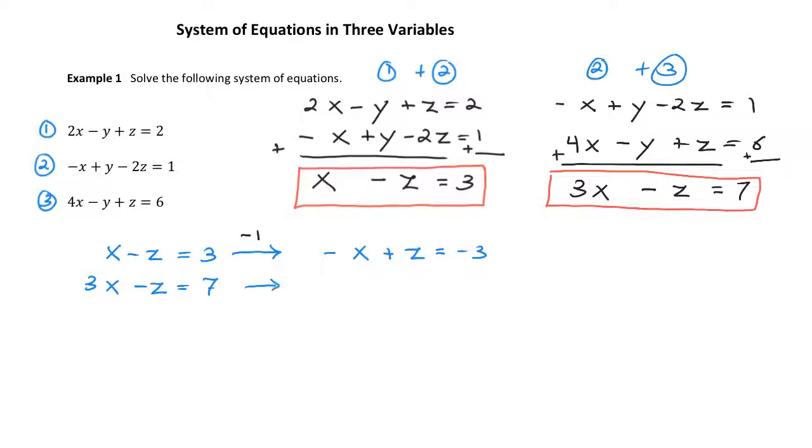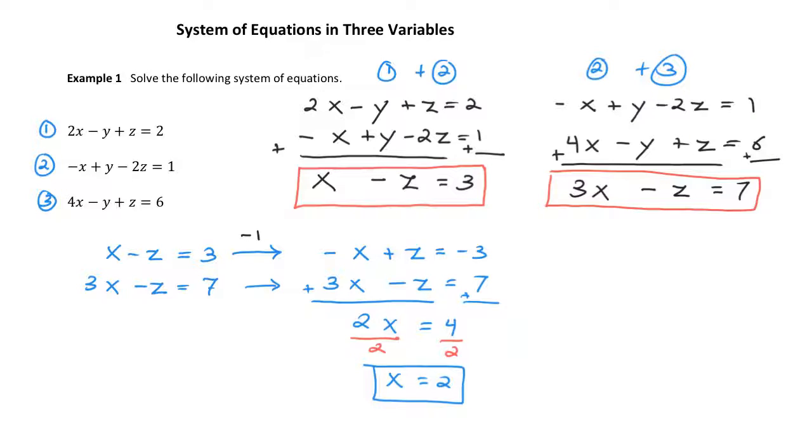The second equation I'm just going to leave alone, so that's 3x minus z is equal to 7. If I now add these equations together, I get 2x is equal to 4. That's just one equation with one unknown. It's very easy to solve for x. I can just divide both sides by 2, and I have x is equal to 2.